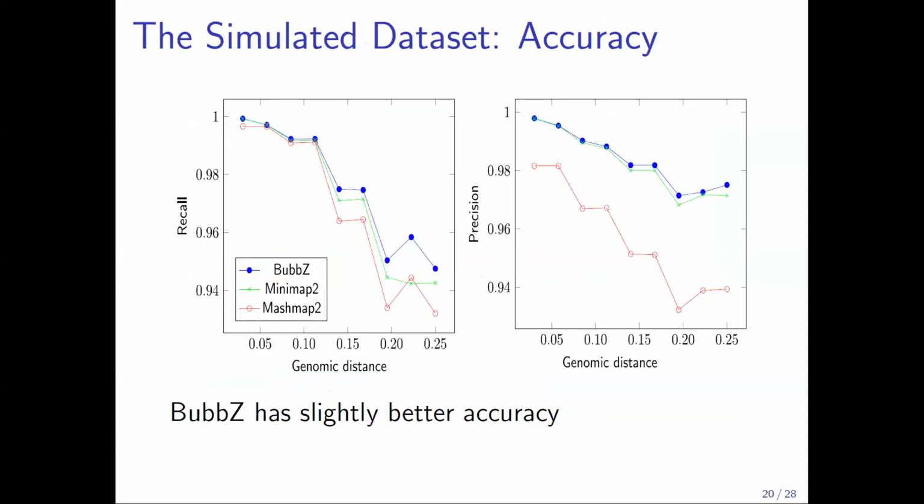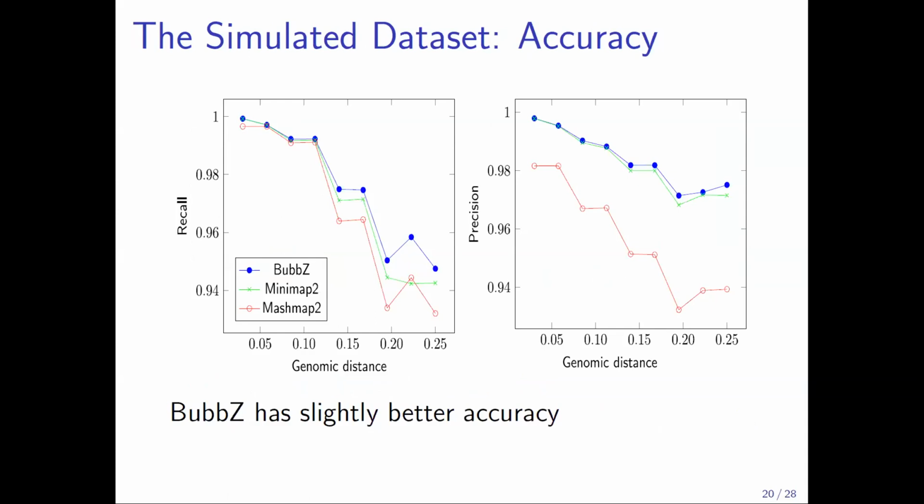We also created 10 bacterial data sets that have different genomic divergence. So all bacterial data sets have different genomic distance from the root genome to the leaf ones, and the genomic distance is measured in substitutions per site.